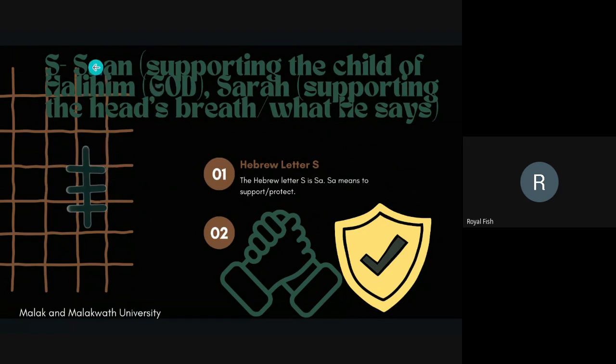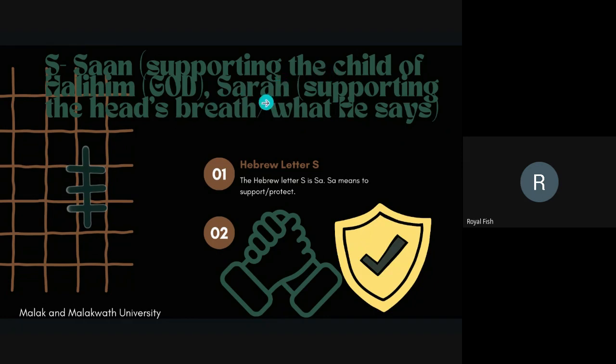We have a word san, so supporting the child of Halachaim. And Halachaim is Elohim in Hebrew or God. So sa once again is to support or protect the child of God. So san. Then you have Sarah, supporting the head's breath slash what he says. So supporting the head's breath or what he has said.